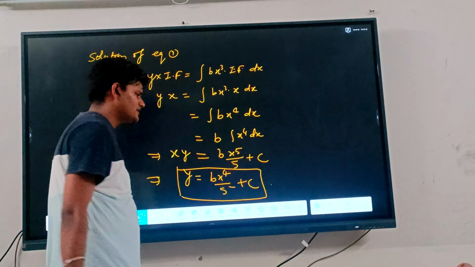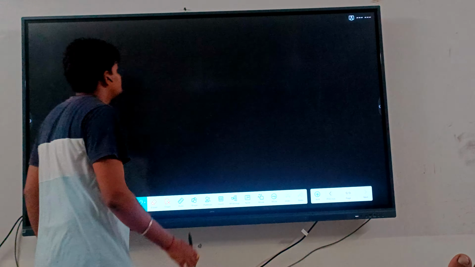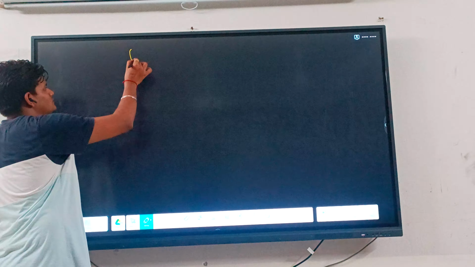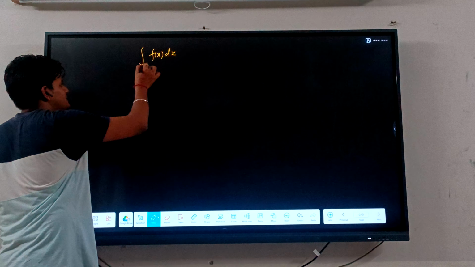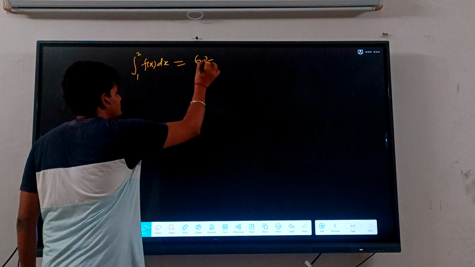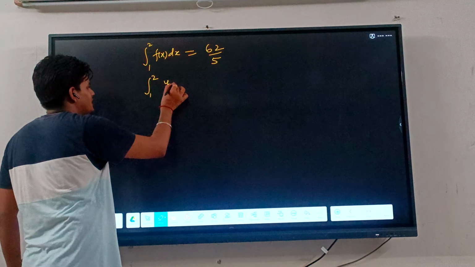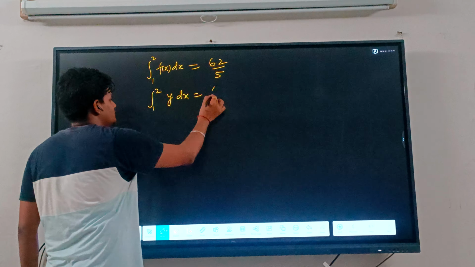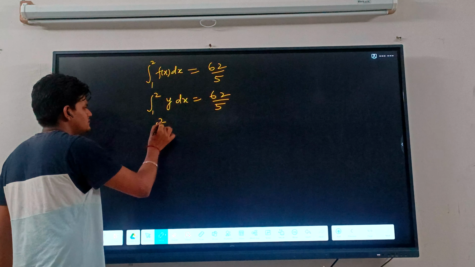But the question already gives that the integral of f(x) dx with limits 1 to 2 is equal to 62/5. We already know that f(x) equals y, so the integral of y dx from 1 to 2 is 62/5.